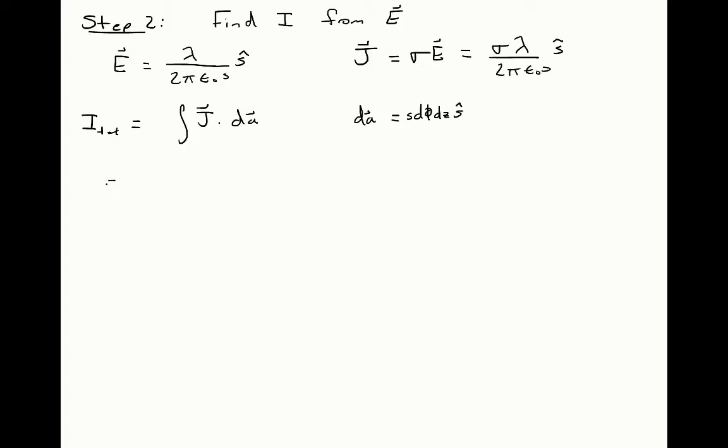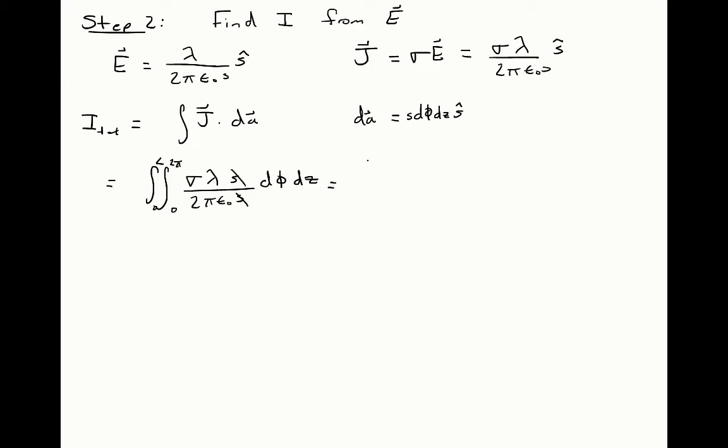So then we can set up this integral. J dot dA, S hat dot S hat is 1, so we have J dotted with dA, so J brings in a 1 over S, dA brings in an S in the numerator. Phi is integrated from 0 to 2 pi, go all the way around the circle. Z integrates from 0 to L. Okay, well these S's cancel out.